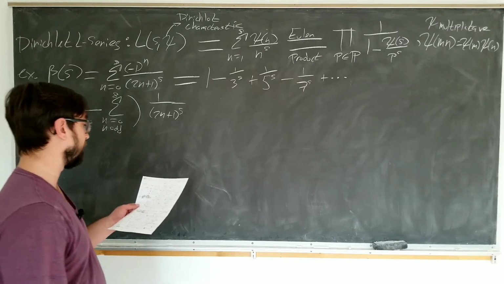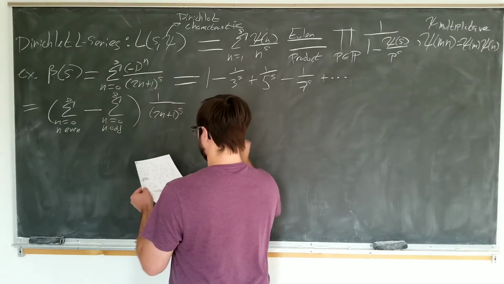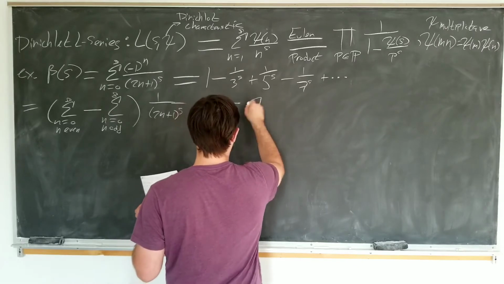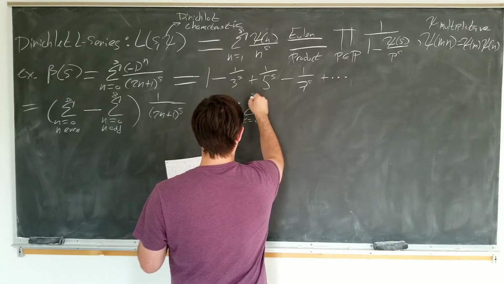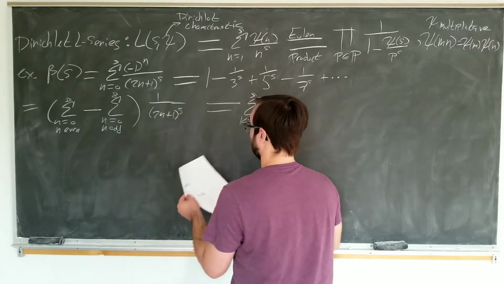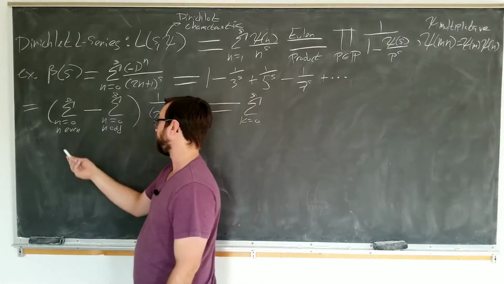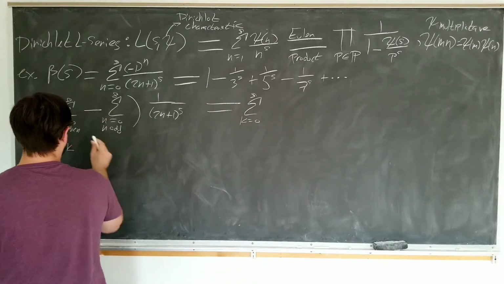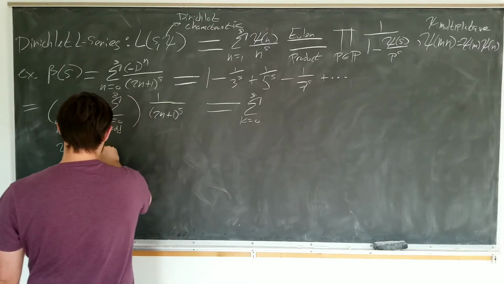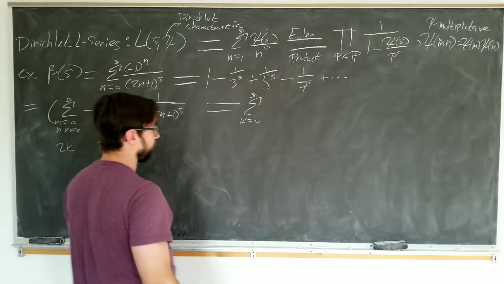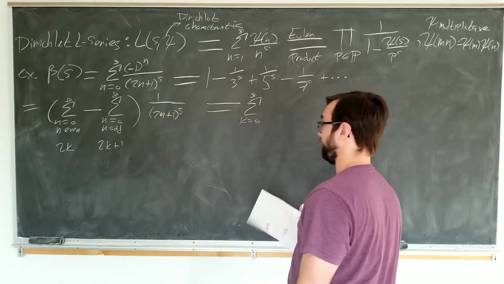And we can further break this up into the following sum, indexed by k now. By the definition of even, we're going to have n equal to 2k. By the definition of n being odd, we're going to have it be equal to 2k plus 1. So we're just going to substitute that into these expressions here.